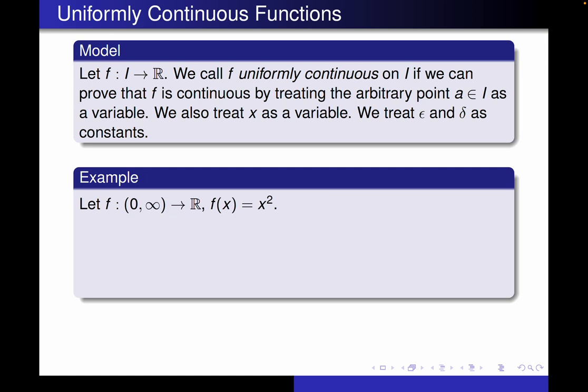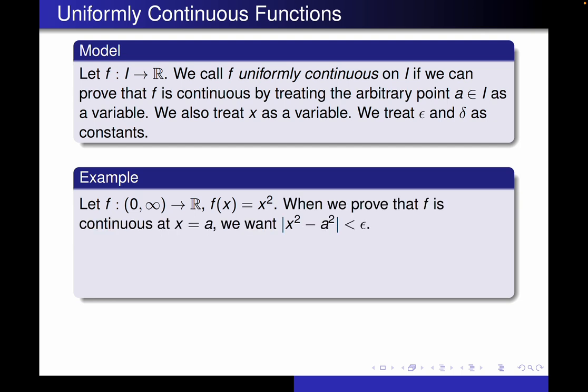And to look at why this is significant, let's think back to when we were proving that f of x equals x squared was continuous at a point x equals a, and we're just looking at x being a positive real number. So when we proved this, we wanted to make absolute value of x squared minus a squared less than epsilon. When we solved for absolute value of x minus a, we got that was less than epsilon over x plus a. We knew that epsilon over x plus a was an inappropriate delta because x was a variable, right?